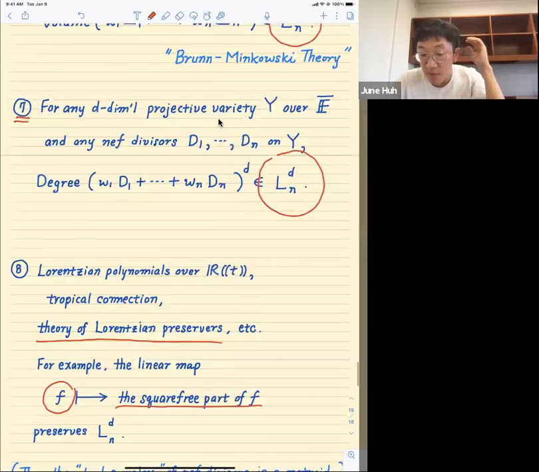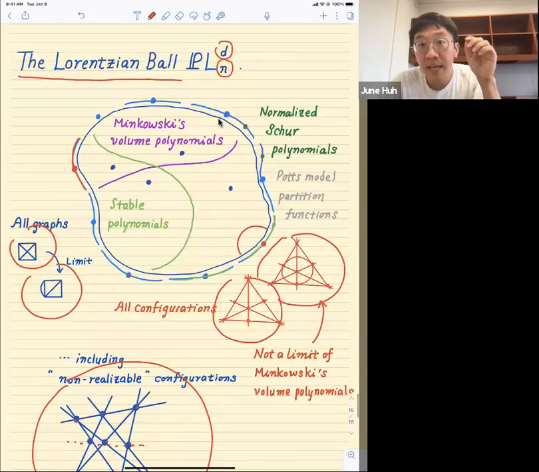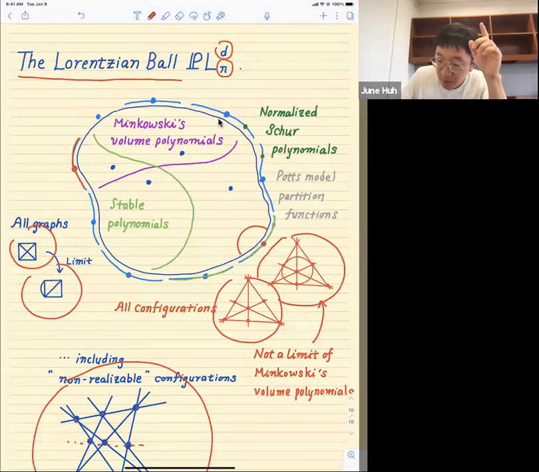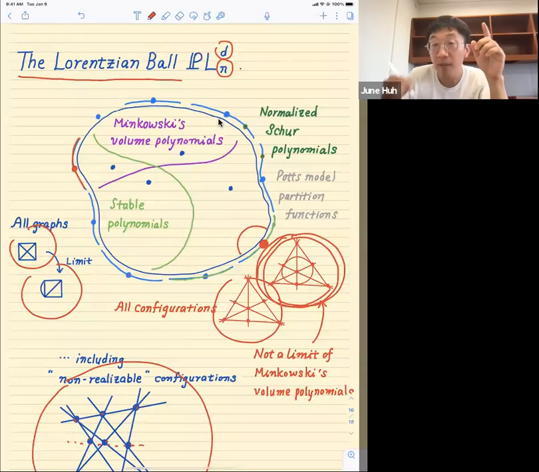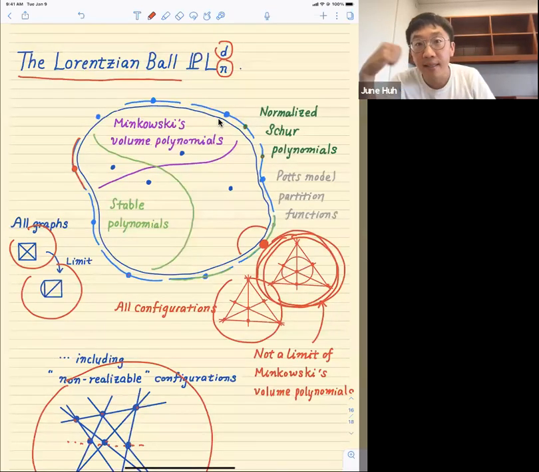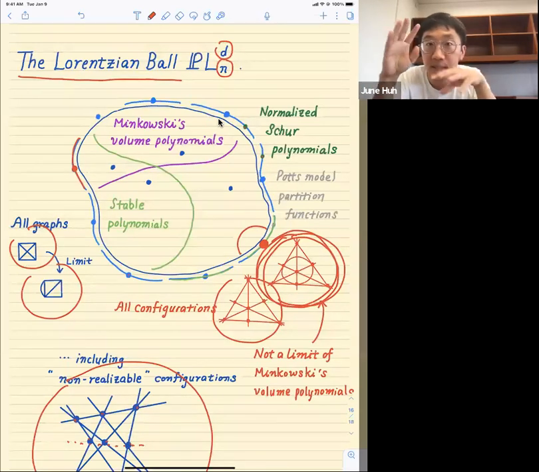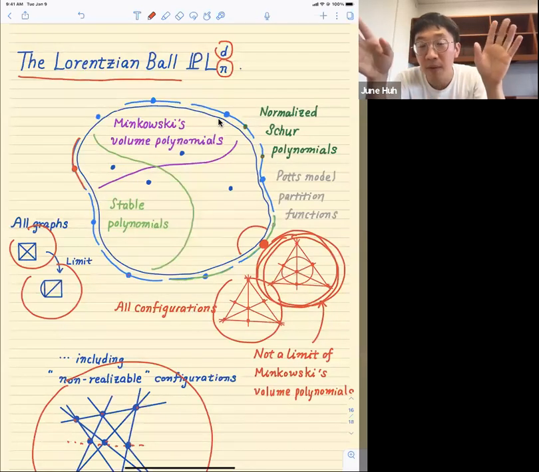And that one was on the back of my mind. If you say it this way, you can see immediately that the answer is no. For example, if you look at this particular point on the boundary corresponding to the Fano configuration, you see that it is not the volume polynomial of 7 convex bodies, because this is a square-free polynomial. So all the volumes are 0, and many other mixed volumes are 0.